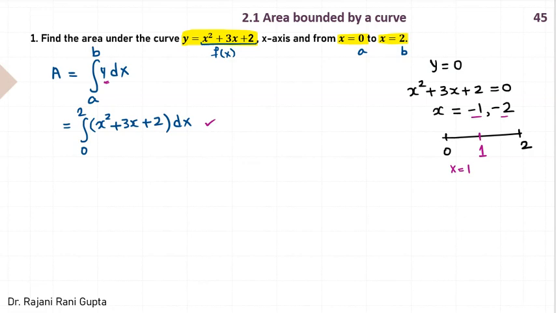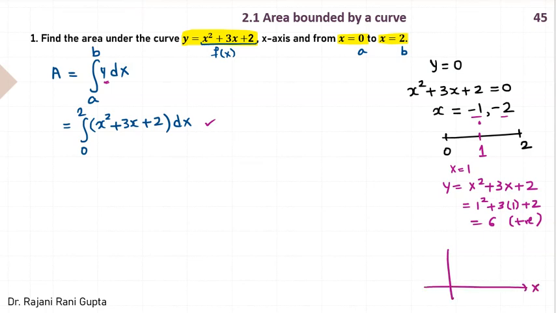At this point, check the value of y: 1² + 3 × 1 + 2. 1 plus 3 is 4, 4 plus 2 is 6. So the value is positive, which means at 1, the value will be somewhere up. So it's like if you have this as the x-axis, this is the y-axis, this is 1, 2.